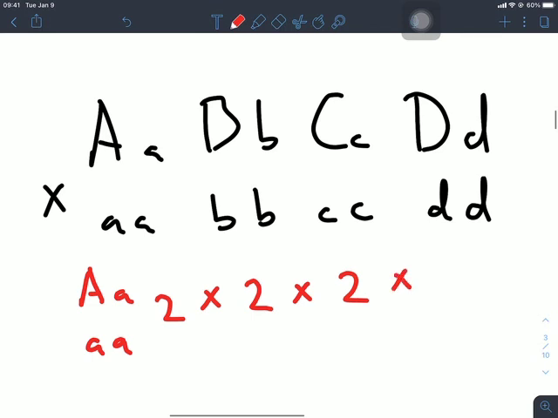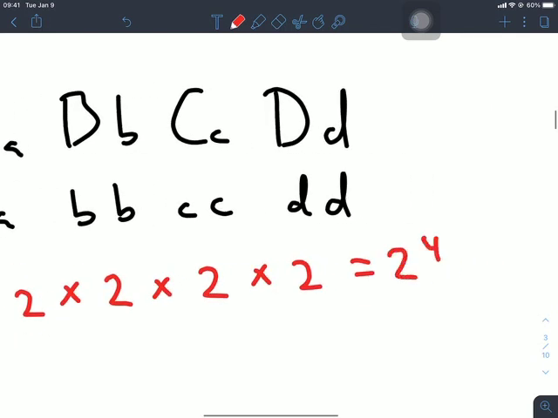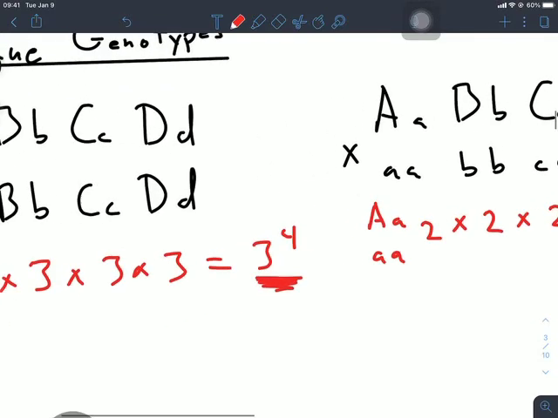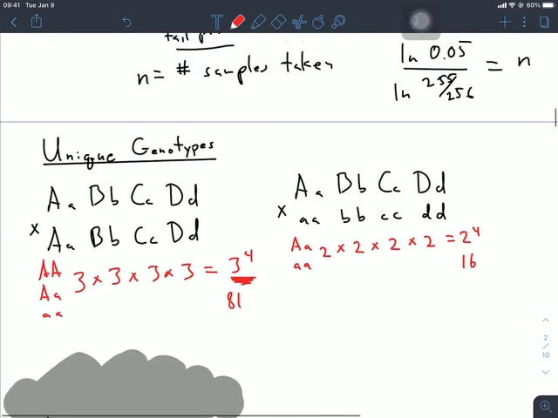With two possible genotypes at each location, you will get 2 to the fourth, or 16 distinct genotypes, whereas 3 to the fourth would have yielded you 81 possible distinct genotypes.